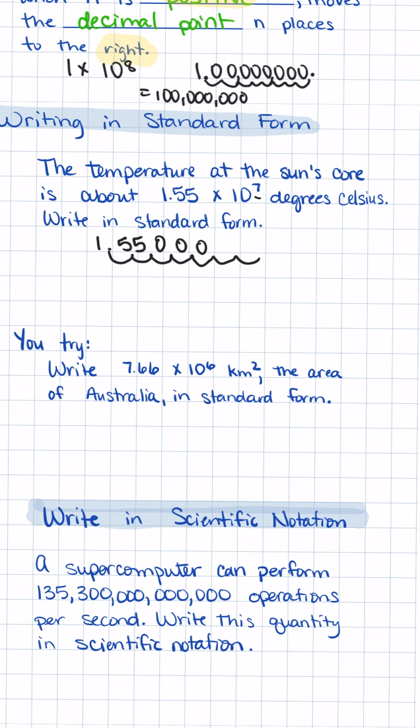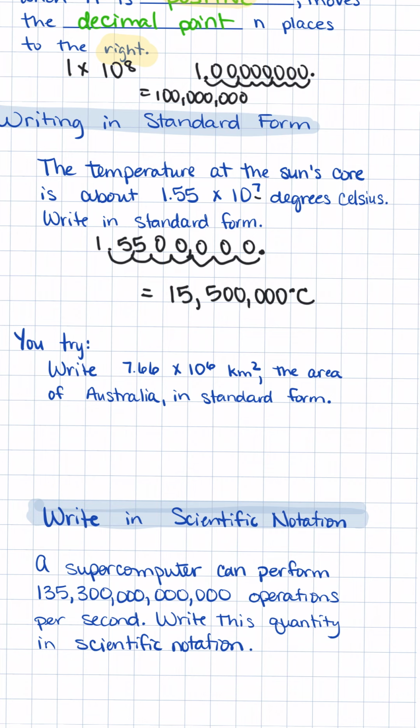Add in our zeros. Means it's here. 1, 2, 3, comma, 1, 2, 3, comma. So our answer is 15,500,000 degrees Celsius.